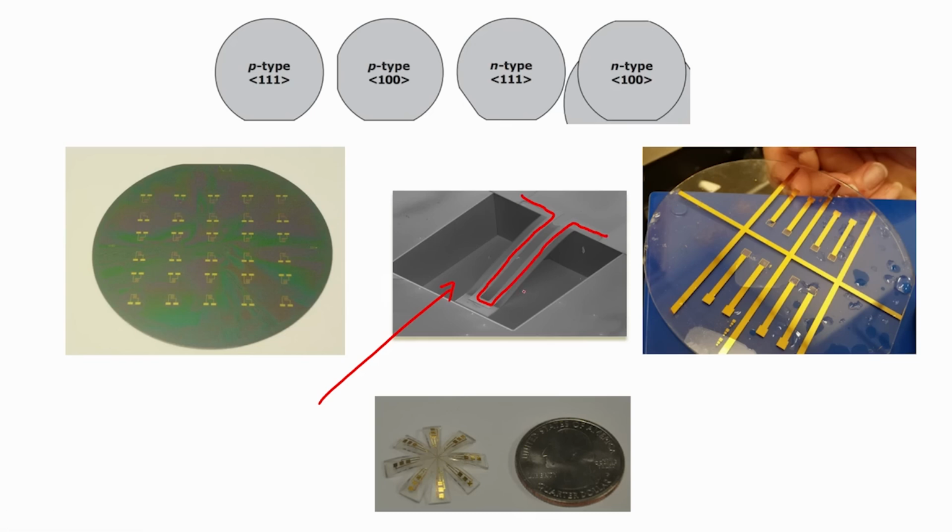But what you can see is it has not been released from the silicon substrate. This part is released, this part is not released. That is why you see a bending, like this.